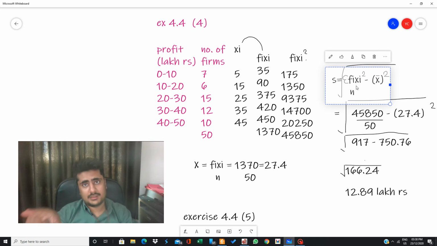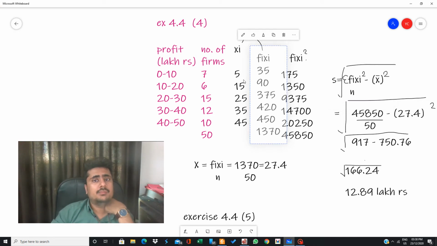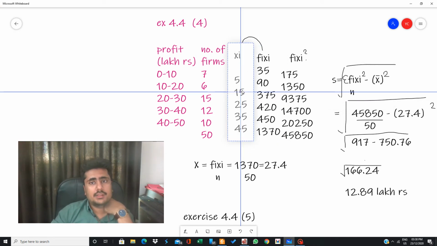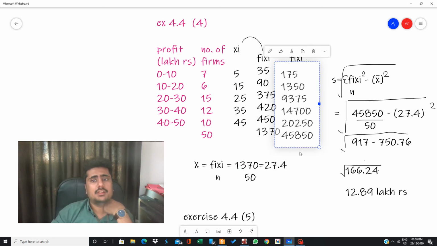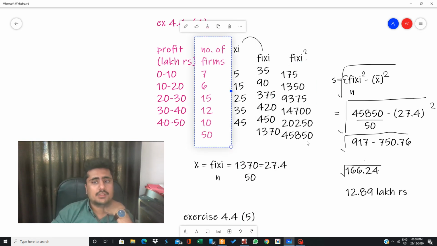Now this fi xi square is what? See this fi xi square. This is fi xi into xi. So it is 175, 1350, 9375. Total is 45850.